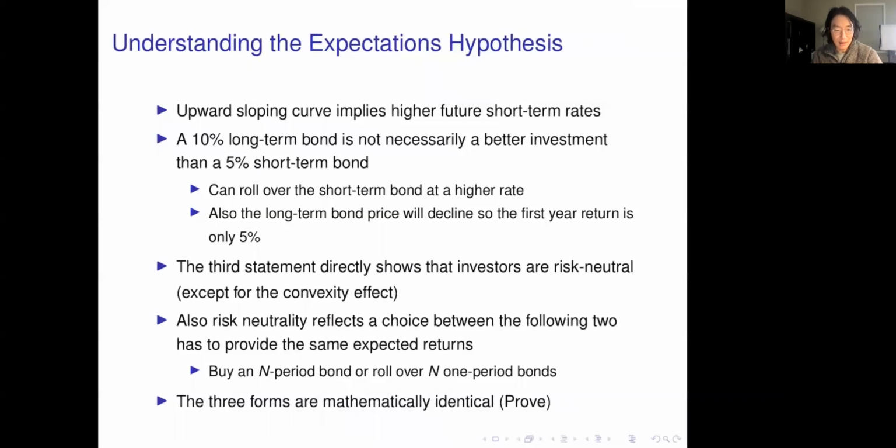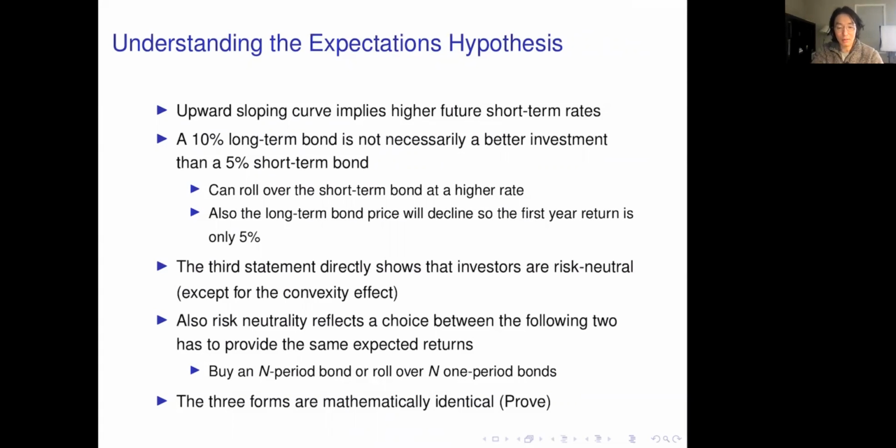So this slide summarizes what we talked about, the expectations hypothesis. The upward sloping curve implies higher future short-term rates. You can understand that using one of the three, especially the first statement in the previous slide.